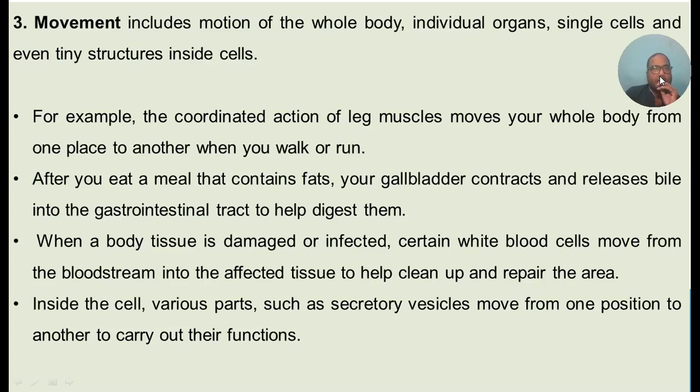For example, the coordinated action of leg muscles, according to the signal they have got, moves your whole body from one place to another when you walk or run.